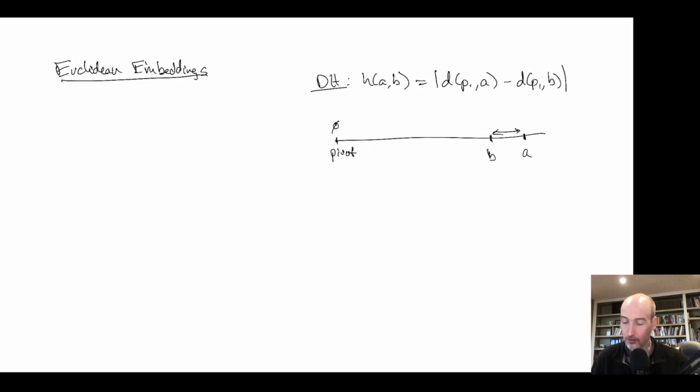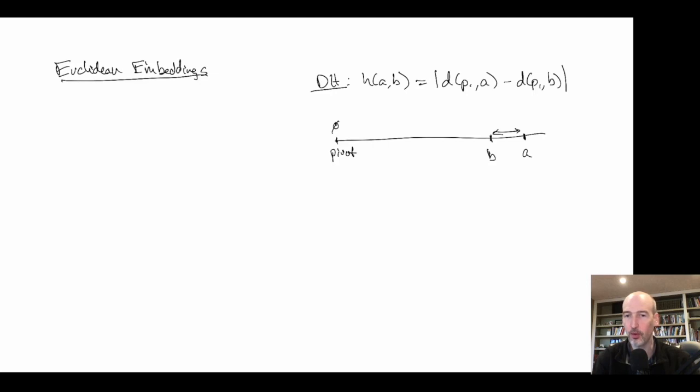Practically speaking, my heuristic is the distance to B minus the distance to A, the difference between them. So what I've done is I've embedded everything in a one-dimensional line. On that one-dimensional line, I'm just using distances as my heuristic value. This is the interpretation of differential heuristics: it's a one-dimensional line.